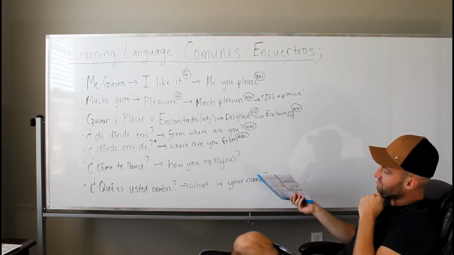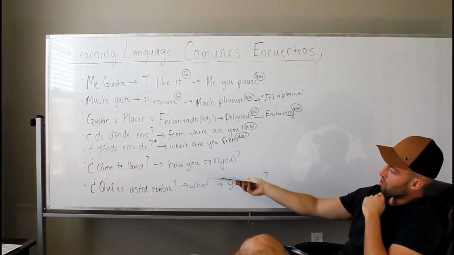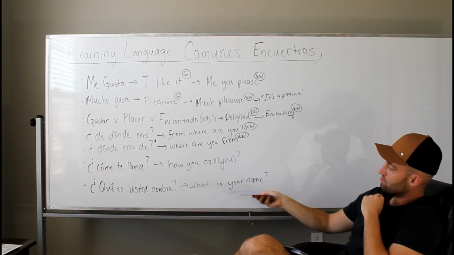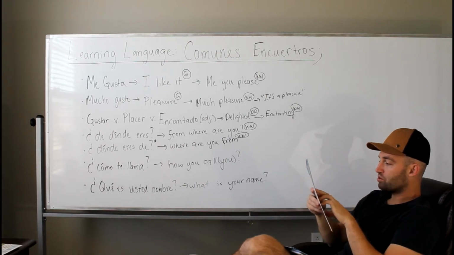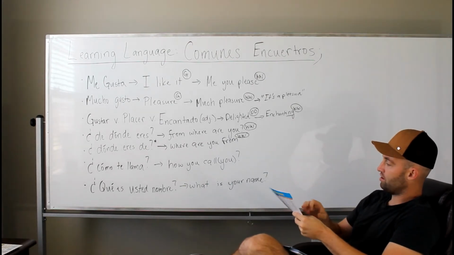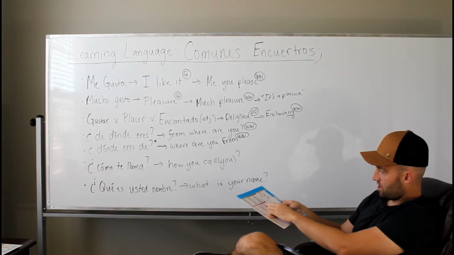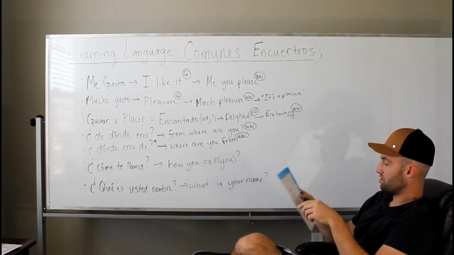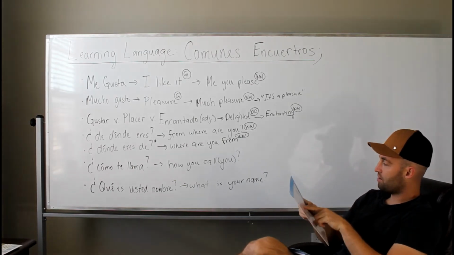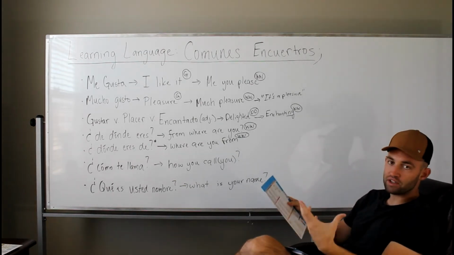Como te llama? How you call you. And on here it says, what's your name? Literally it says that. What's your name? ¿Qué es usted nombre? What is your name? All right, me llamo, I call me.